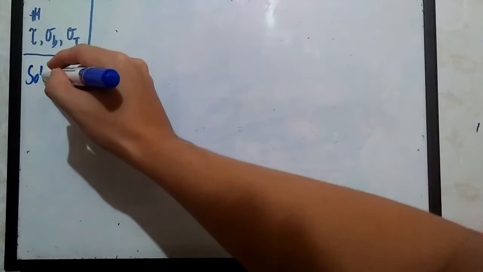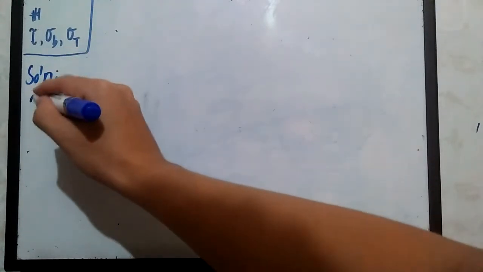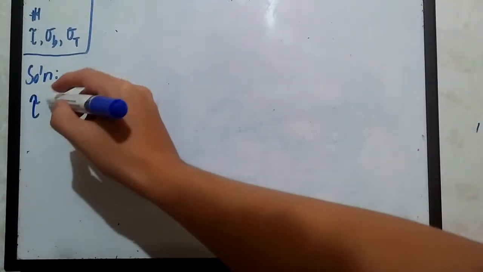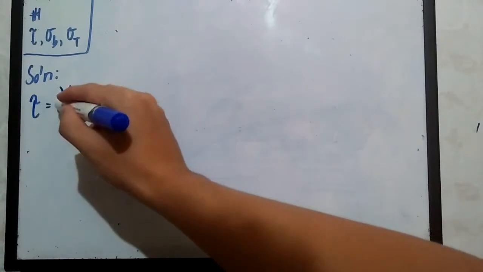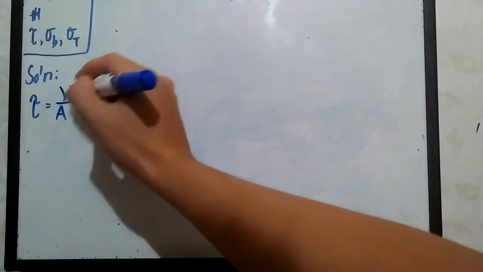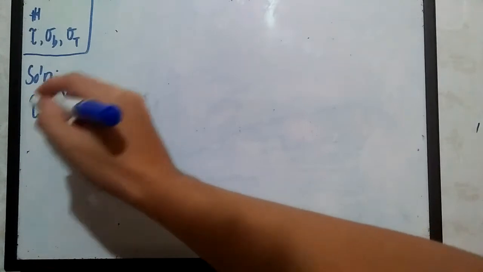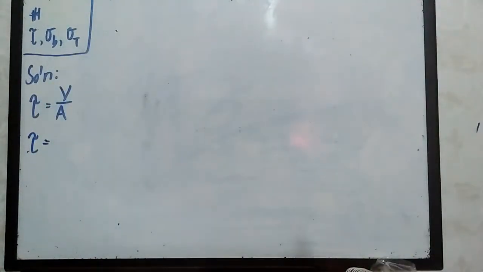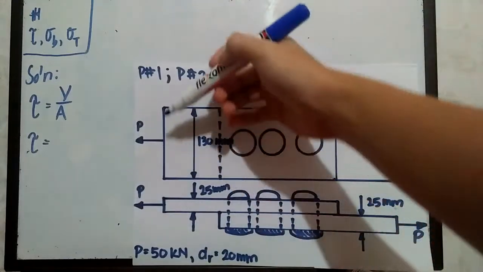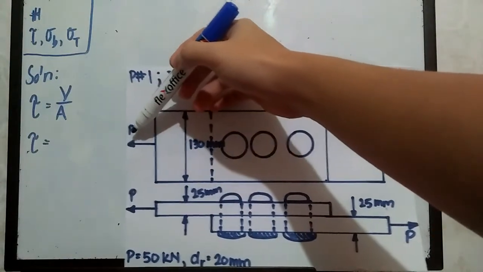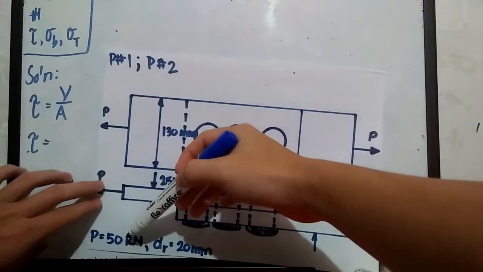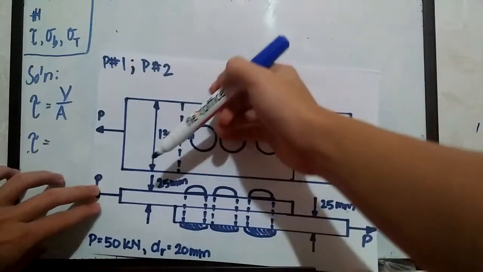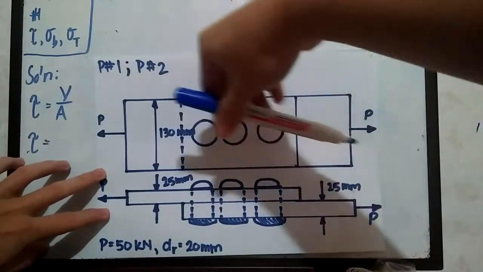Solution. The solution for solving the shear stress is simply V over A, or the shear force divided by the cross-sectional area. That should be tau, the Greek letter. The shear force V is given by P, which is 50 kilonewtons, going to the left and also going to the right.